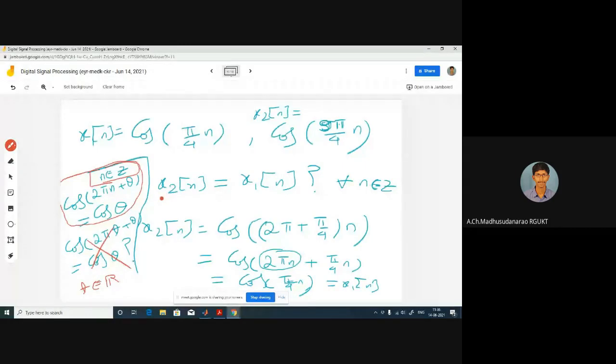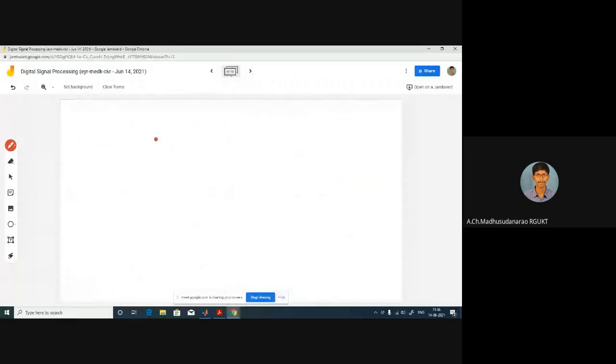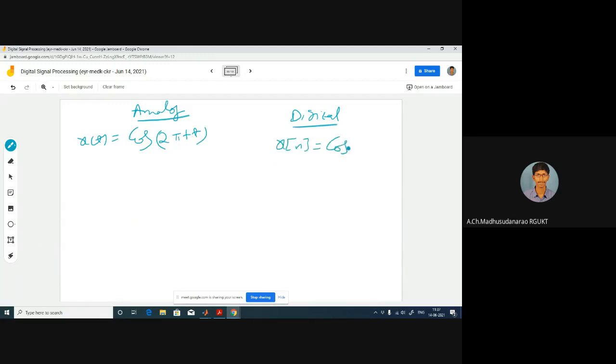Now I will ask some questions. On the analog side, x of t equals cos 2 pi f t, and on the digital side, x of n equals cos omega n. Omega is in radians per sample.